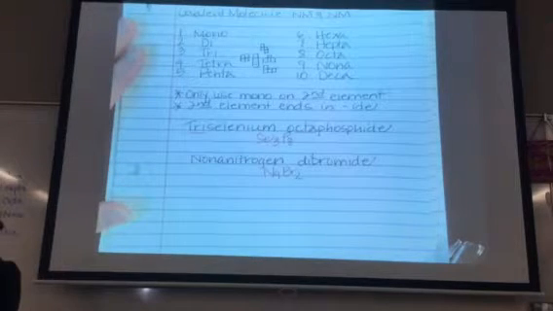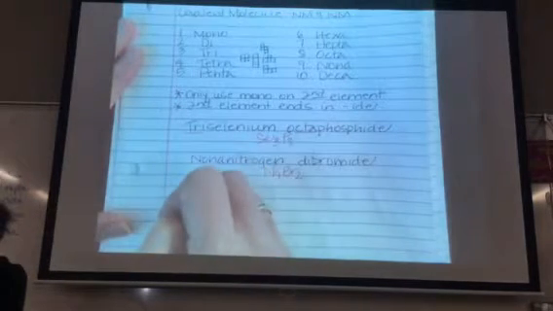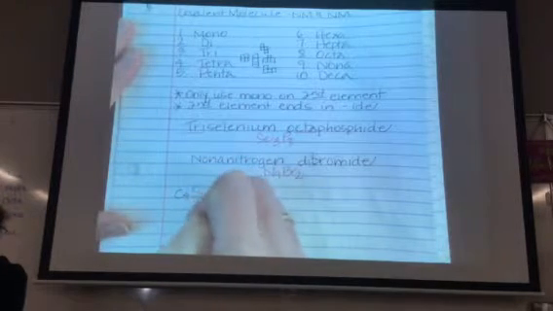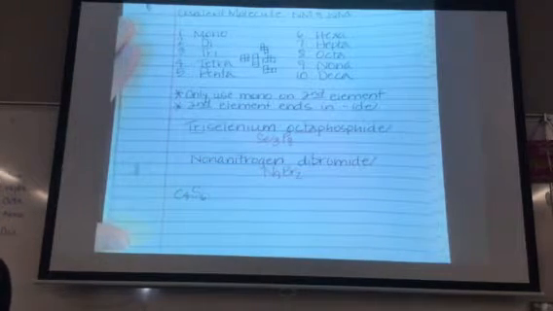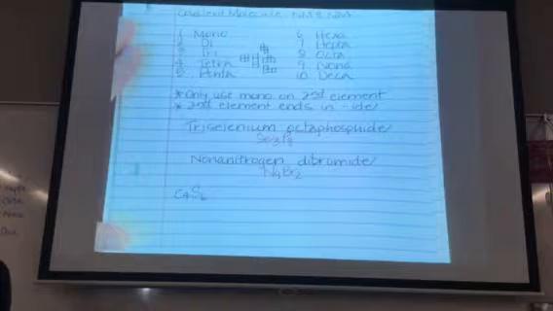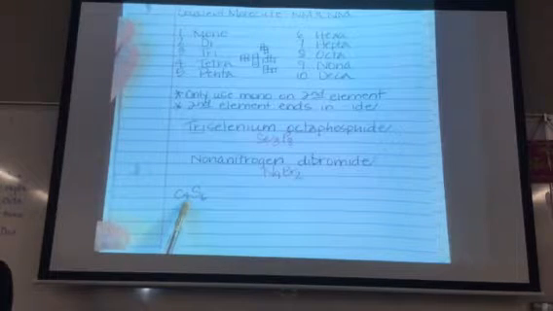Now what if I want to name something? If I give you something like C4S6. The first thing I look at is the number, and what prefix am I going to use for this? Tetra.